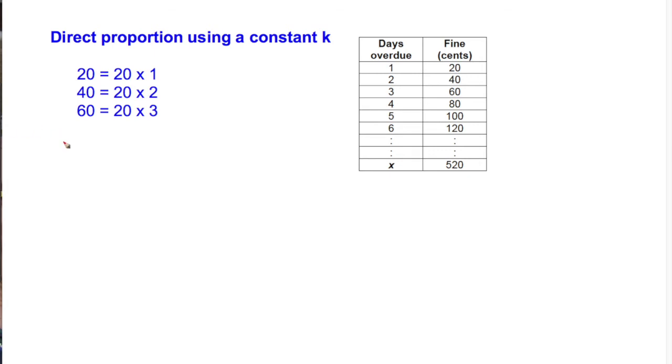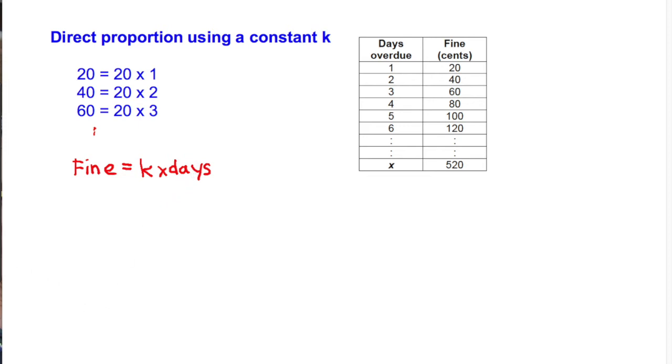That means that the fine is actually found by taking a constant value 20, which we replace by k, multiplied by the number of days. Therefore, we say that when 2 quantities are in direct proportion, one will be a constant value times the other.